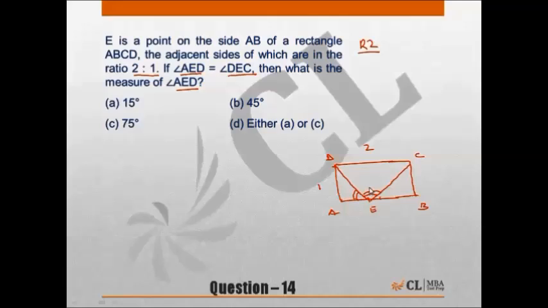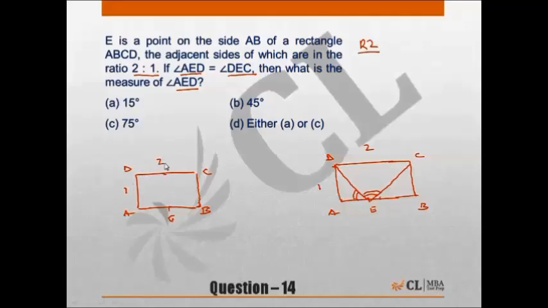Now let's look at where E can be, first of all. I have this rectangle, the ratio of whose sides is 1:2. So I have A, B, C, D. Let me say E is the midpoint.